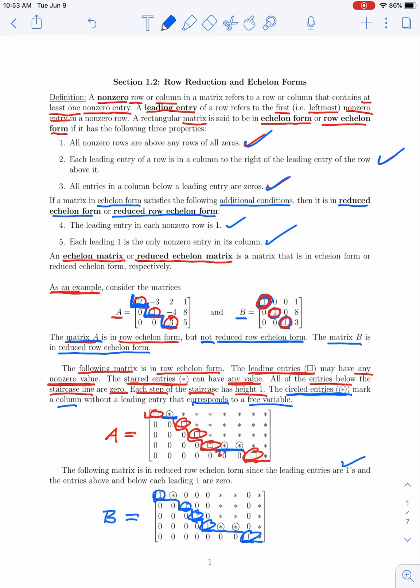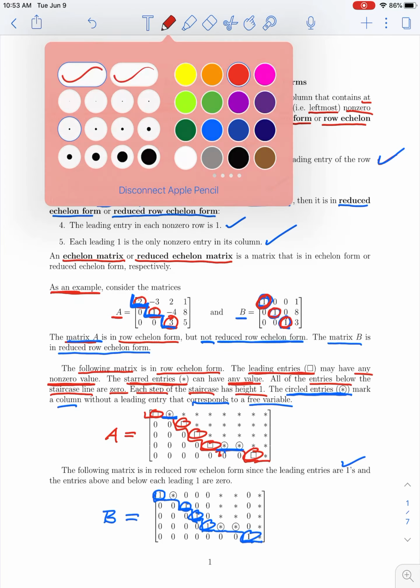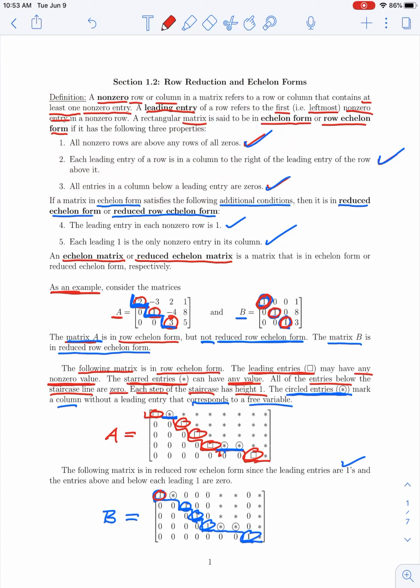That is, the leading entry 1 is the only non-zero entry in a given column. So for our first leading 1, we have zeros below it. For our next leading entry 1, we have zeros above and below it. For this one, we have all zeros in that column. For this one, we have all zeros in the column. And for this leading one, we have all zeros in that column.